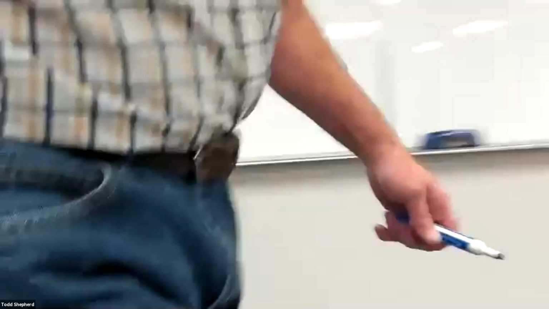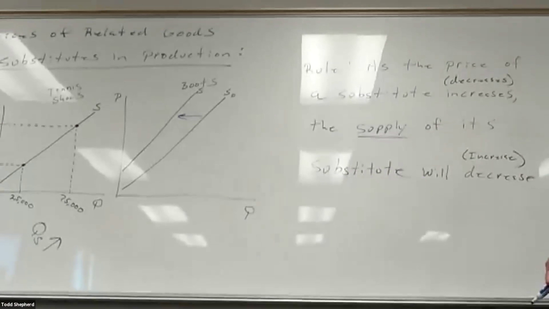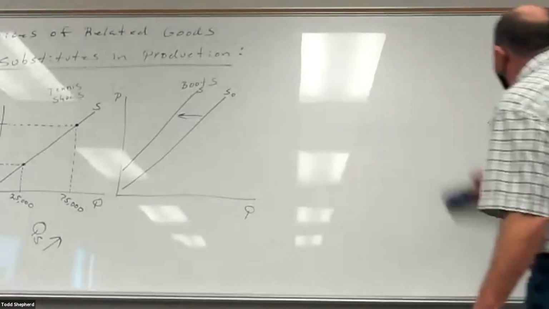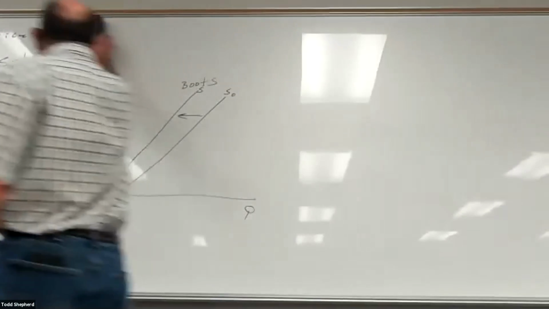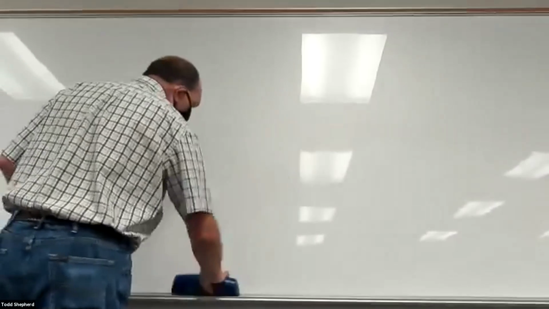All right, so what I would like to do then, since we have just a little bit of time, is get started introducing the idea of putting our supply and our demand curves back together. So when you start working on a problem like this, the very first thing you want to do is draw yourself an overall market before you get started doing anything else.